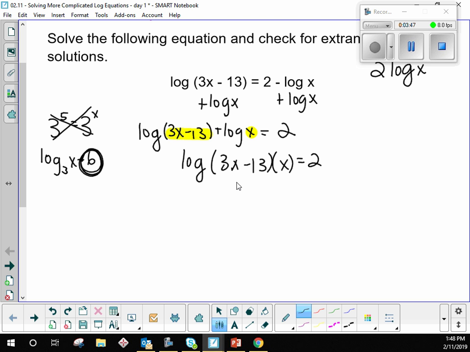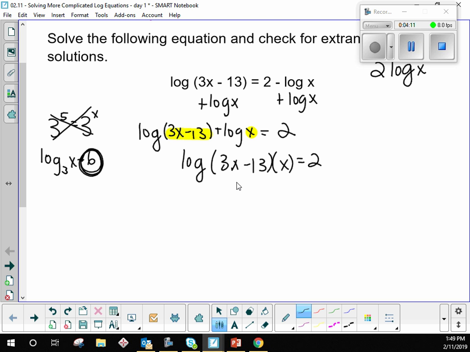How many logs do you see now? 1, and that's exactly what we were working towards. So here we can now lasso, because I have only 1 log here, and I have something on the right-hand side. I don't see a base, though. We always have to start with a base. When it says log, but there's no base written, you know it is 10.